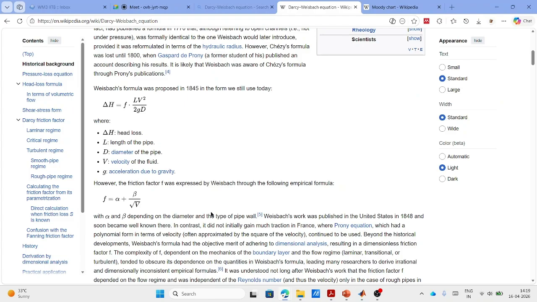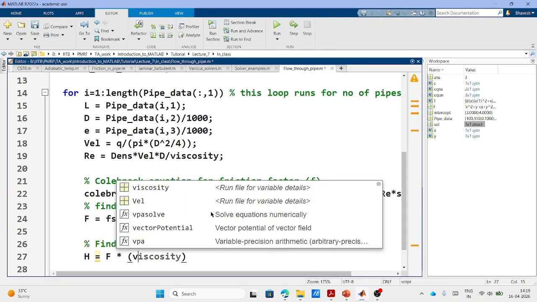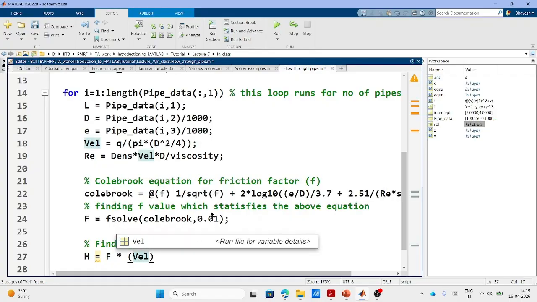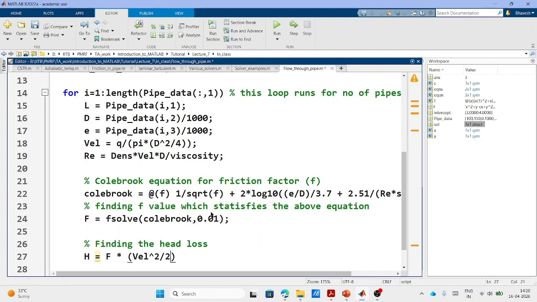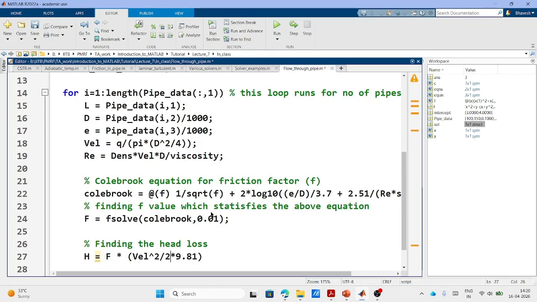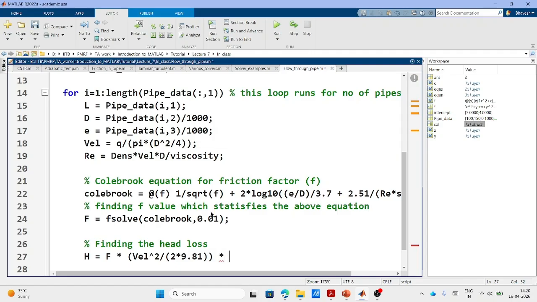My equation is friction factor times V square by 2g times L by D. So f times V square, which is your velocity squared, divided by 2 times g, which is 9.81, times your L by D term, which is your length divided by the diameter.